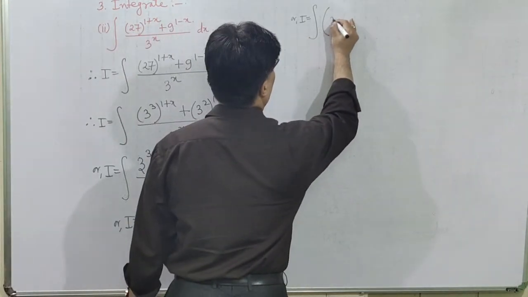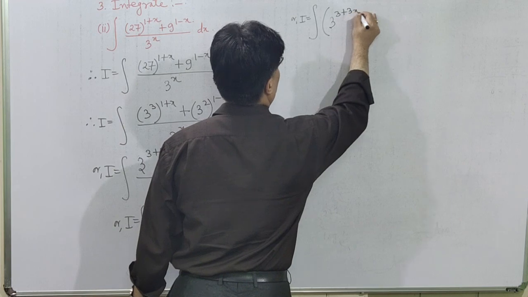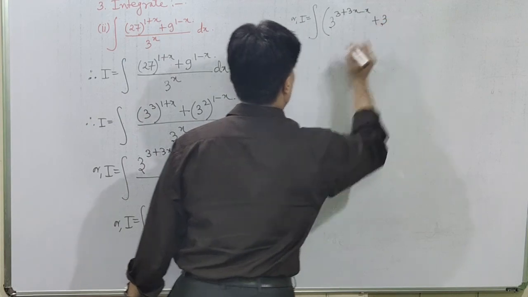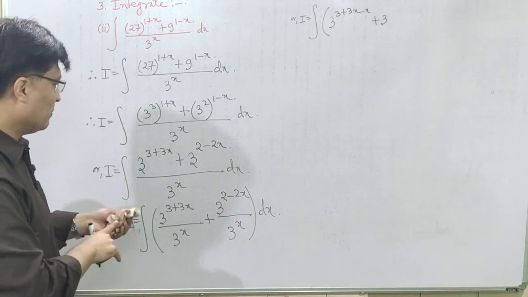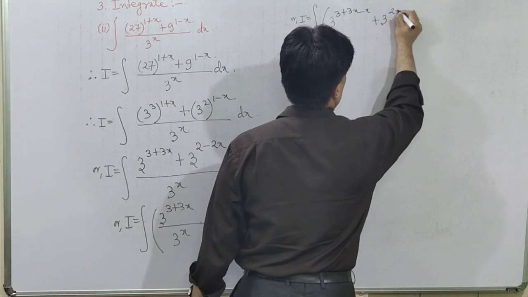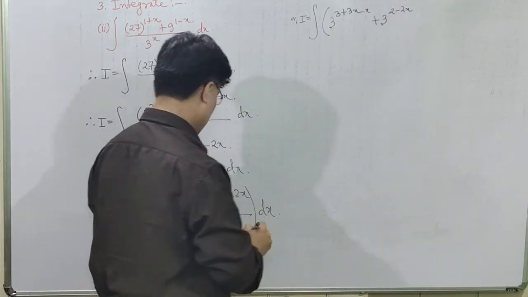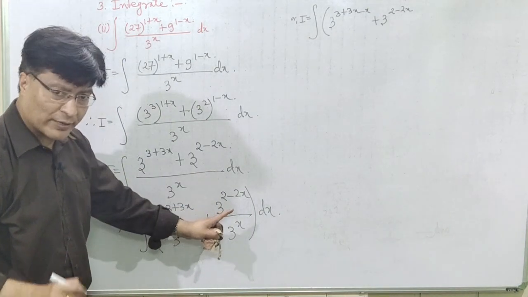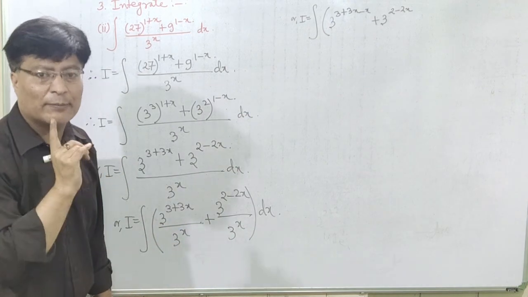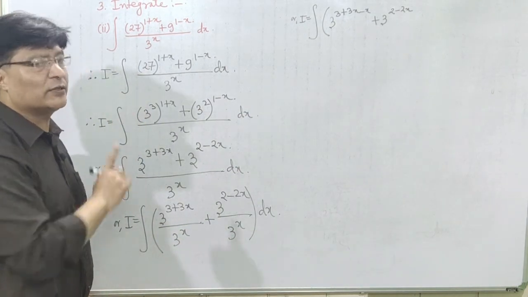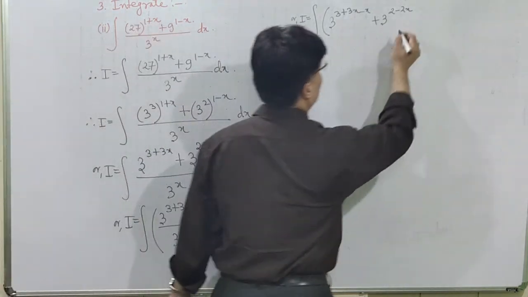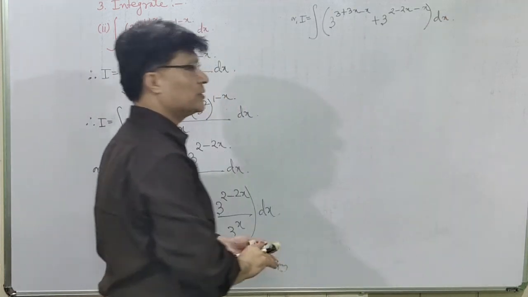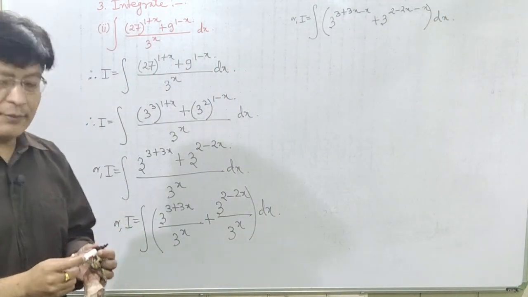So it is 3 to the power 3 plus 3x, then minus x, plus 3 to the power 2 minus 2x, then minus x. When this 3 to the power x goes up in the numerator, it becomes 3 to the power minus x, and you can simplify it with 3 to the power 2 minus 2x, that is, you should write here minus x, then it is dx. So I think you have understood it.